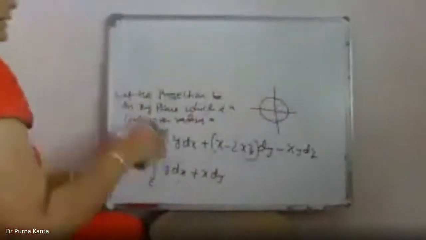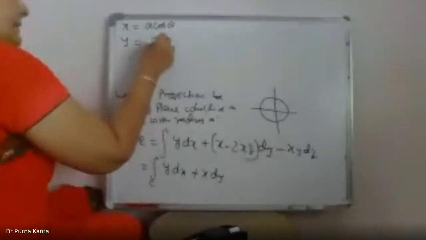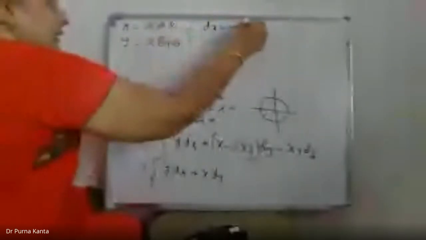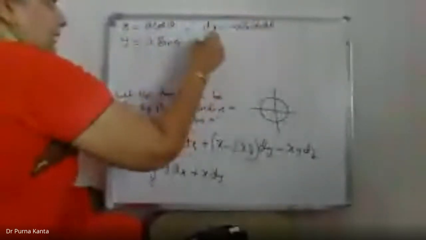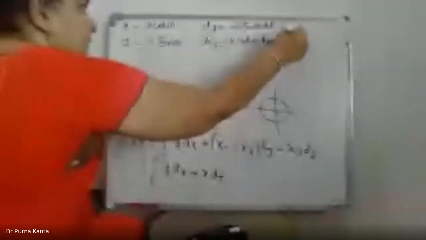Since this represents a circular region, we'll go with polar coordinates. x equals a cos theta, y is equal to a sin theta. So dx is equal to minus a sin theta d theta, dy is equal to a cos theta d theta. Theta will be from 0 to 2 pi.